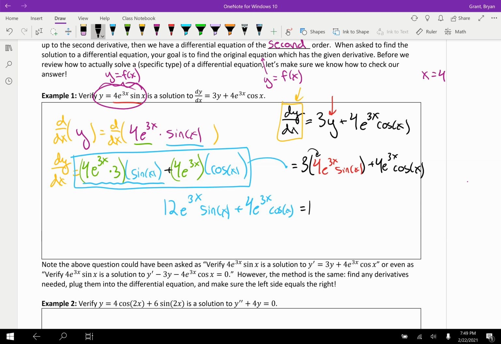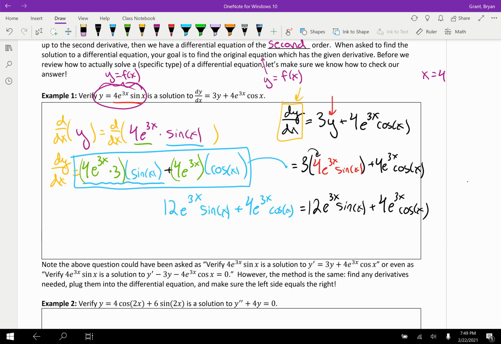Well, this is 12e to the 3x sine of x plus 4e to the 3x cosine of x. Are those equal? They are. And so we have proved that this is a solution because when we substituted it or its derivatives into the original differential equation, the left side equaled the right.